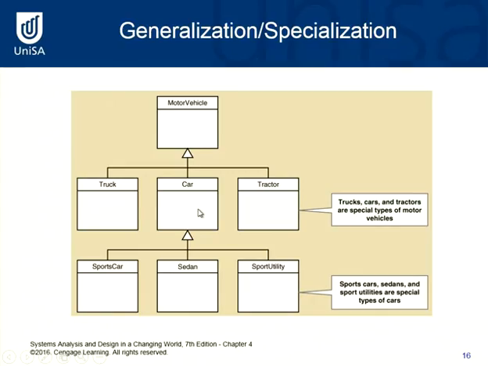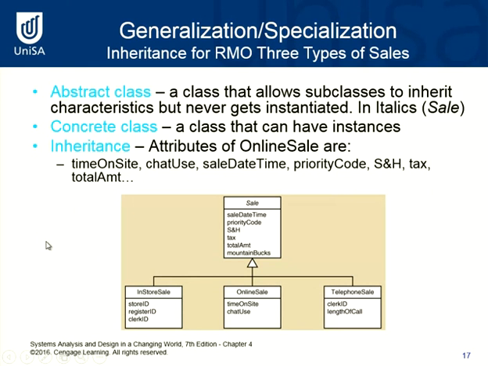The car class not only has its own attributes, but it inherits the attributes of the motor vehicle superclass. Okay, so it's a hierarchy, it's an inheritance thing. We have the superclass up the top, and we can split it up into subclasses. So that's how the generalisation, specialisation works for domain classes.